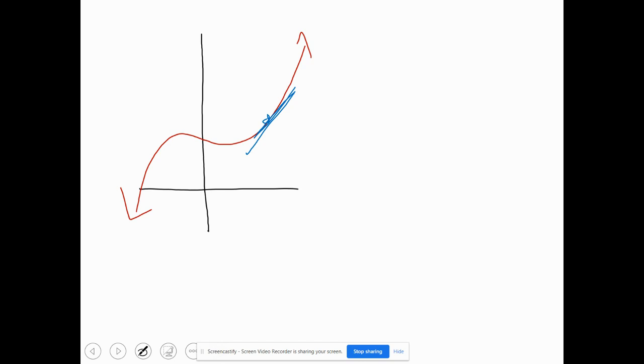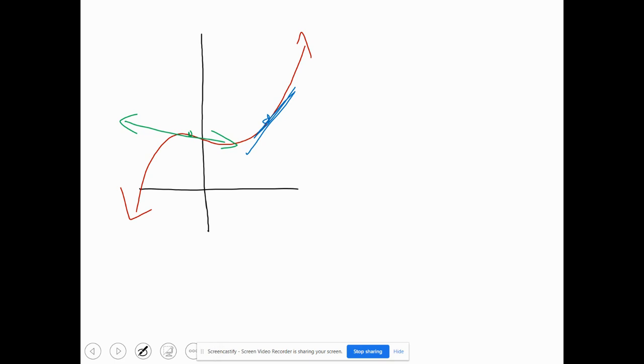Because that line is used for several things in calculus. So your job today is to come up with that line, or maybe the point is over here, and we want a line that is tangent. Okay, so pretend those are tangent lines.